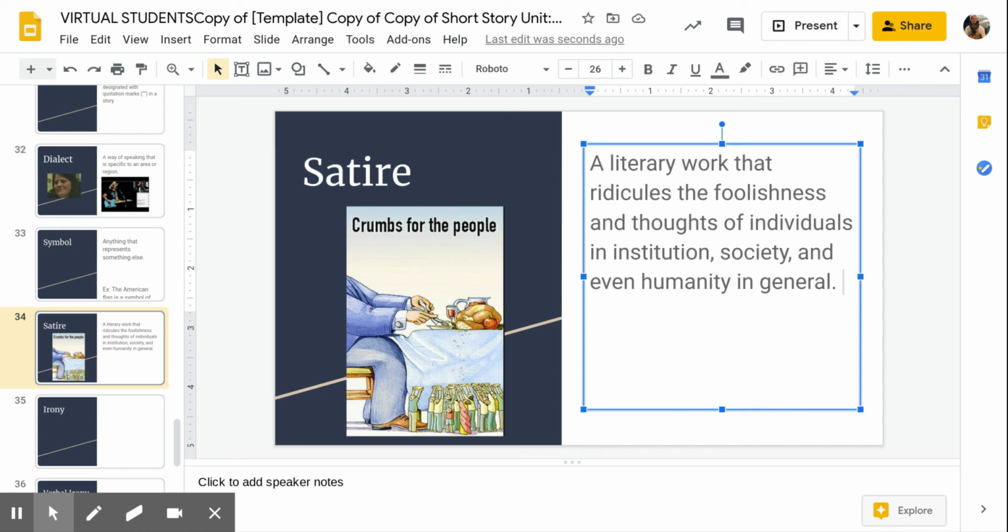Satire is not meant to be taken literally. It's meant to be humorous, to draw attention to a subject or a point from a different standpoint as opposed to always being serious and straightforward. It makes fun of something and provides some comic relief.